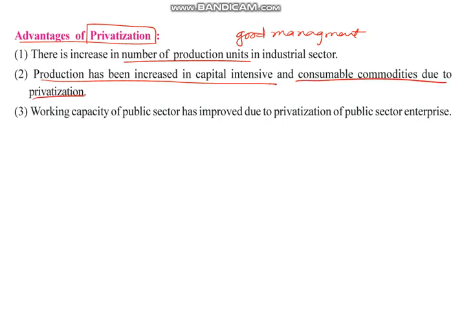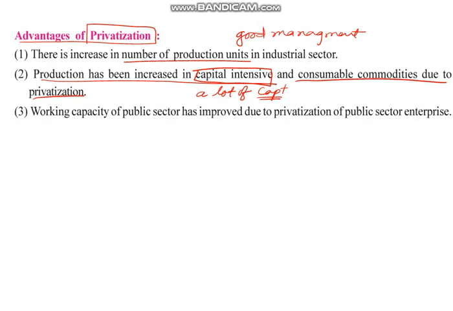Capital intensive industries are those which need a lot of capital. Actually, capital is the term used for money in economics. So such big, large industries are called capital intensive industries.